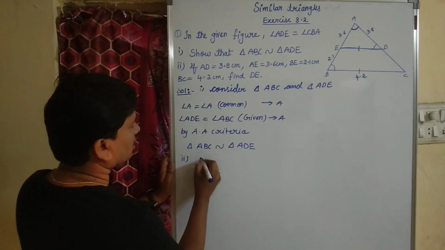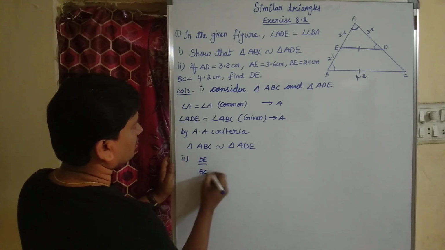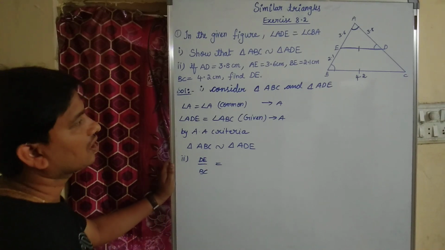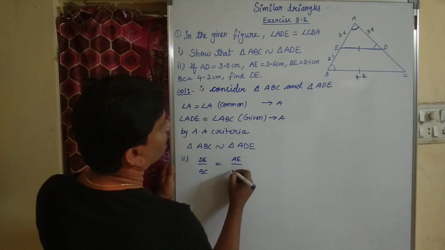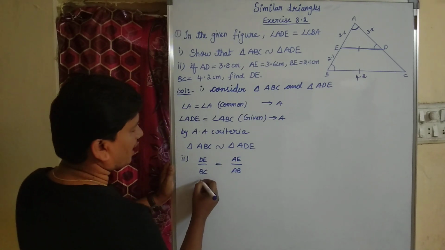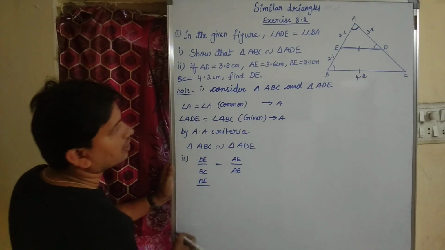Let me write, the corresponding side of DE is BC, and the corresponding side of AE is AB. Actually, we need to find the value of DE only.